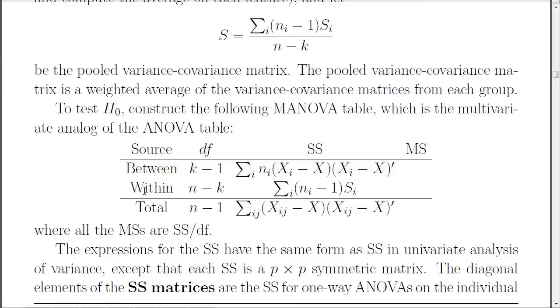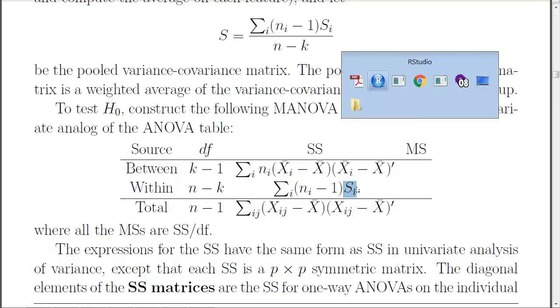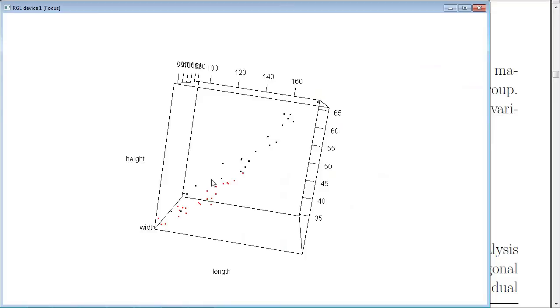And then there's the within variability. That's looking at all the observations. In fact, it's sort of summarized already by the covariance matrix. How different are the individuals within a sample? So think of the males. We have the plot for the males right here, the red points, and how much spread is there among the red points?